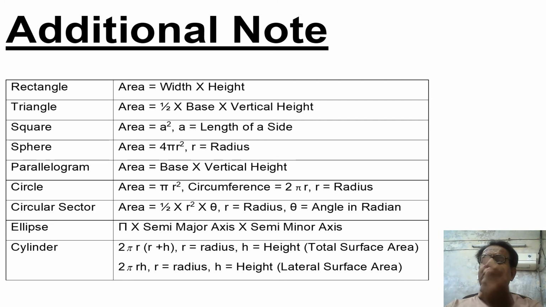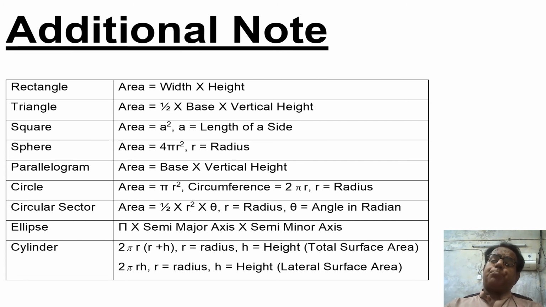Dear students, here you can see that pi is in another style. This is the third style. First style of pi is when area of circle is calculated. Second style of pi is when circumference is explained. And third style of pi is when ellipse is explained. Area of ellipse is equal to pi into semi major axis into semi minor axis.